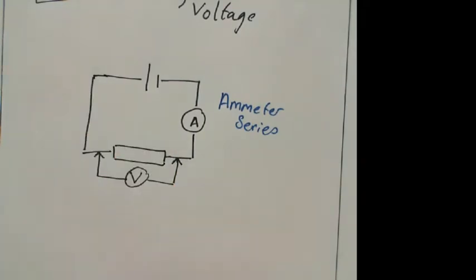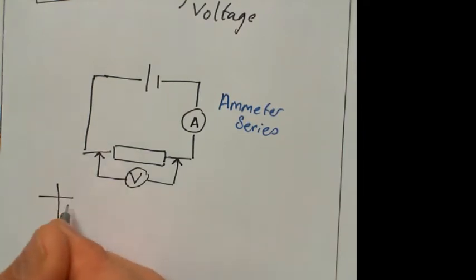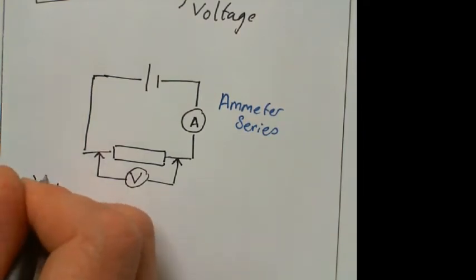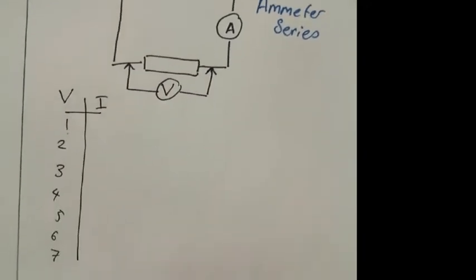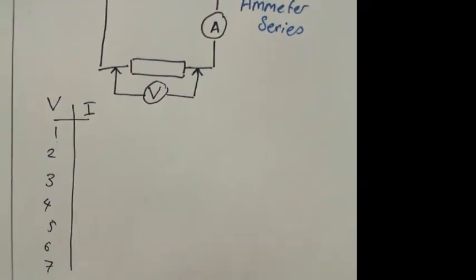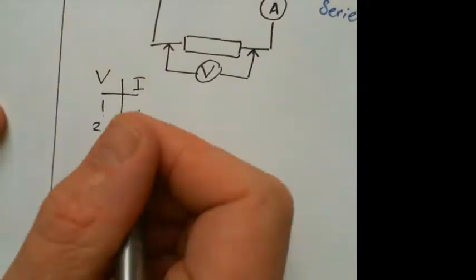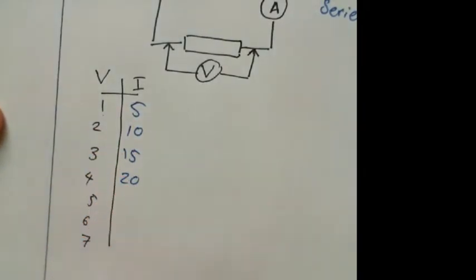Okay, and then I measure, and then I change my voltage and measure my current. So 1, 2, 3, 4, 5, 6, 7, and so on. Okay, and let's say it goes 5, 10, 15, 20, for example.